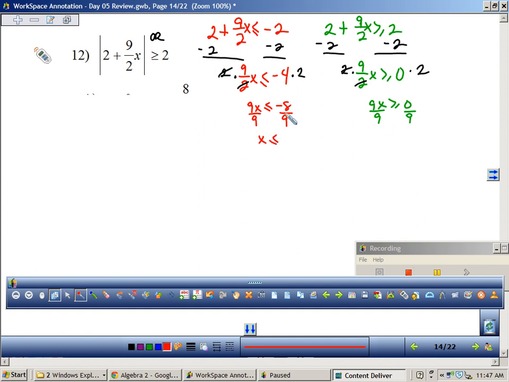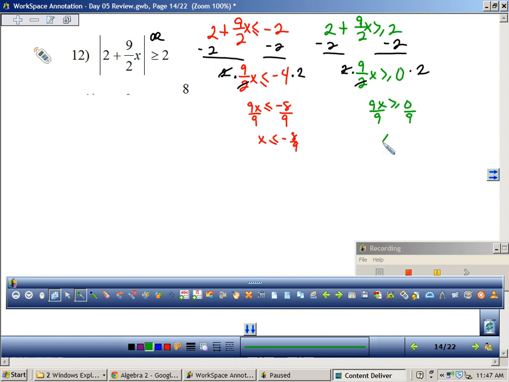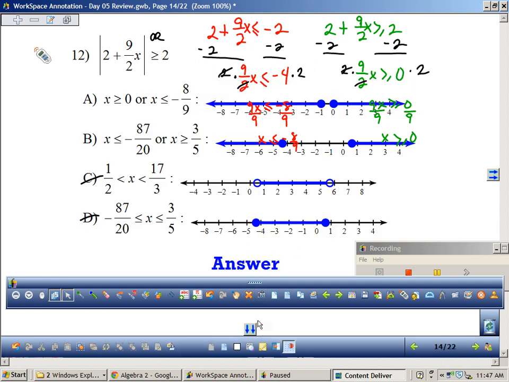That doesn't come out. What is that? A little less than 1? I'm just going to leave it 8 over 9. Or x is greater than or equal to 0. So which one would it be? A.